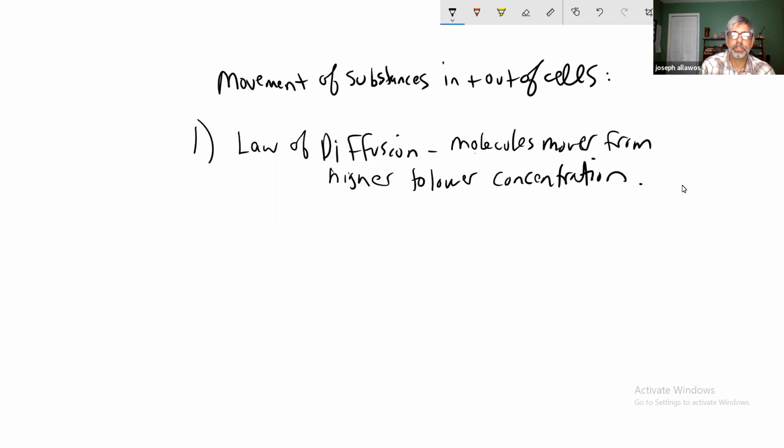Period. It doesn't specify what the molecules are. You could say stuff moves because it's all matter. All matter follows this law. It is a law. In science, if something is a law, that means you can reproduce the results over and over without exception. So that's something else to think about.